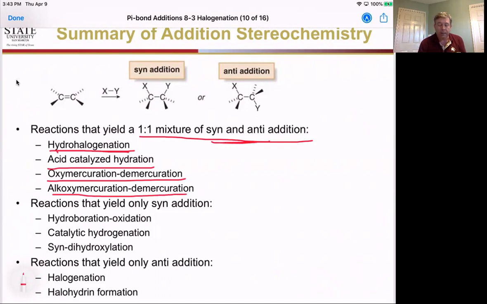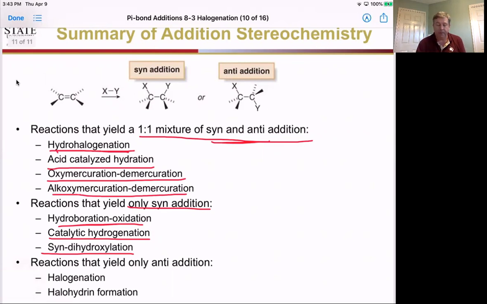Now, in some reactions, we only get syn addition. In hydroboration, to form that primary alcohol, we have syn addition. In catalytic hydrogenation, we have syn addition because it adds across the same side of the double bond. And in syn dihydroxylation, because the osmium tetroxide hits the same side of the double bond.